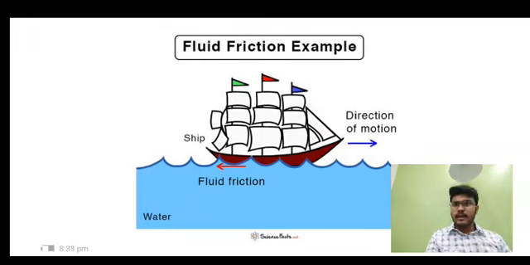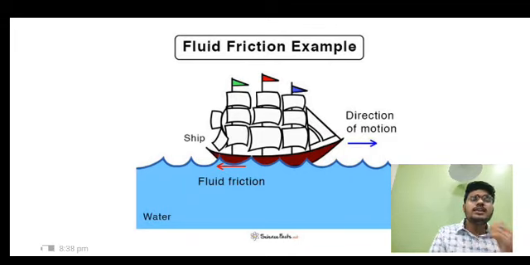And you know this example, right? We keep a spoon in water and we are whirling it. You can see the structure of water is changing. It's in a somewhat disturbed manner. After some time it comes to normal state. Why? Because of fluid friction. Fluid friction is an opposing force. Friction is an opposing force.